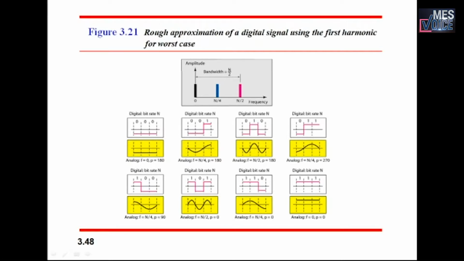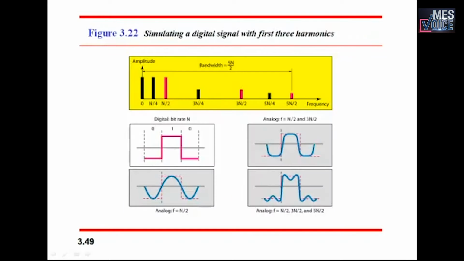Similarly, 010 is represented as a frequency of n by 2 with a phase shift of 180, and all the 8 levels are represented in this manner. And the figure shows simulating a digital signal with the first 3 harmonics, that is n by 2, 3n by 2 and 5n by 2.